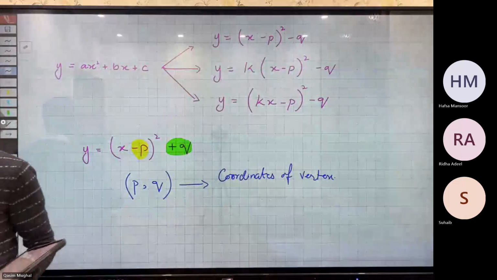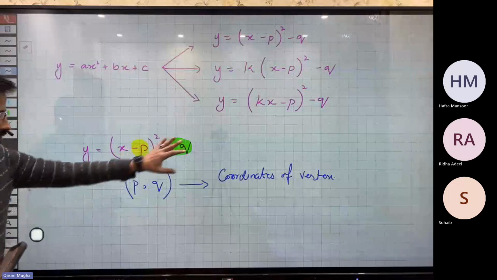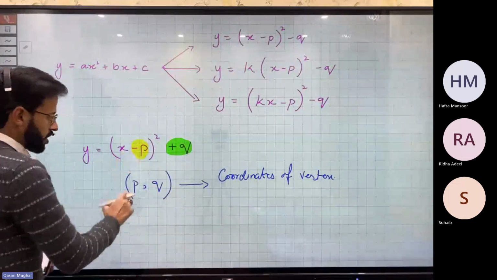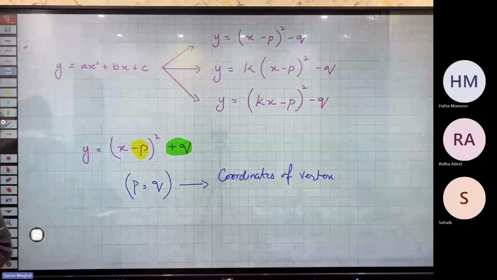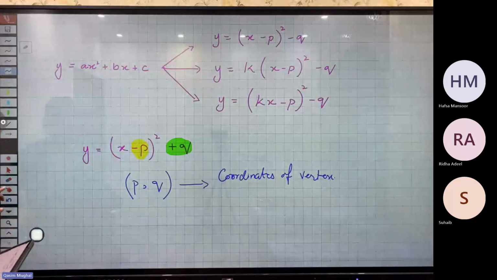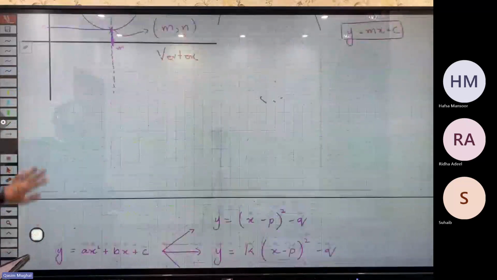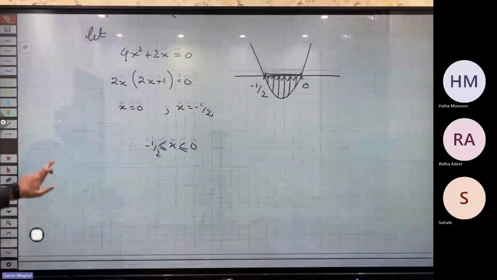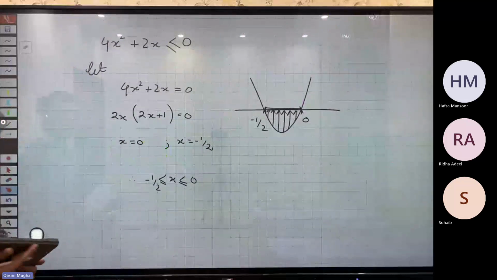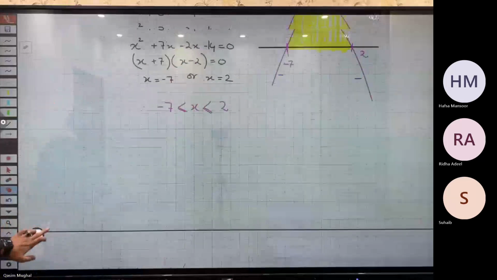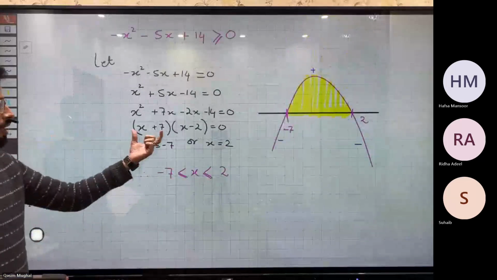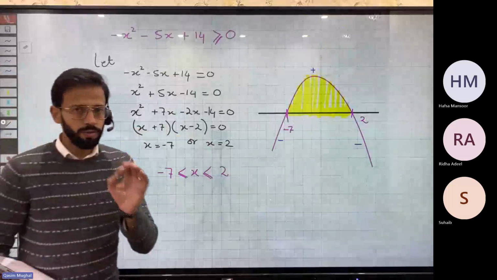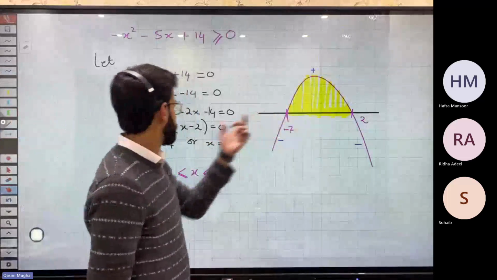Now, how did we get this? Okay, fine, it makes sense for q. Why do we need to change the sign for p? For that, I would like to take you back to the solution part of the equation. When we solve an equation, for example x plus 7 into x minus 2, we are looking for the point on the x-axis, so we are looking for the x value.